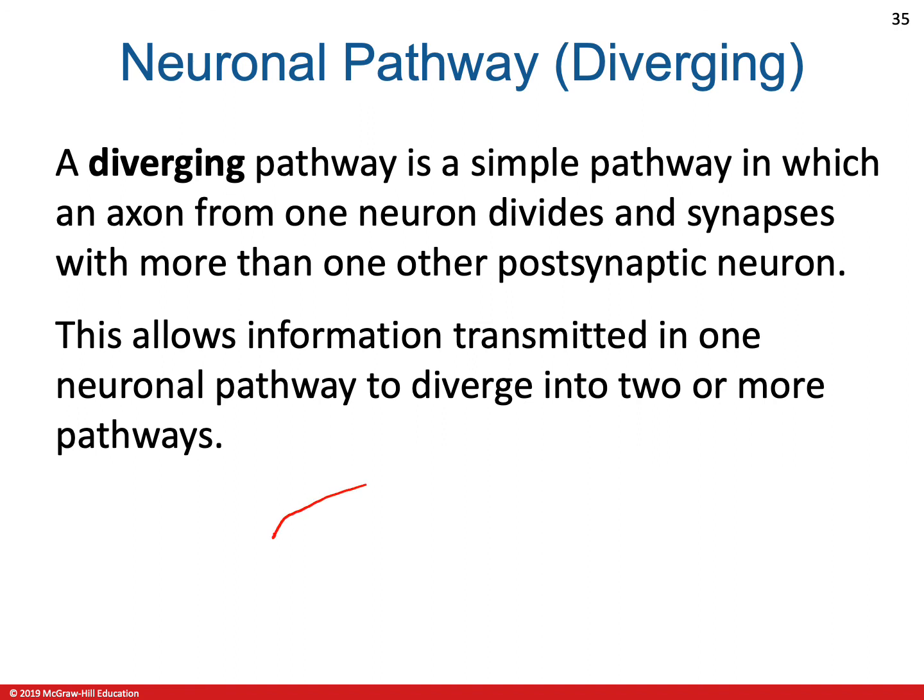If it has more axon branches, it can synapse to one or more postsynaptic neurons. So from one, it can synapse into two. We call that your diverging. Okay? So this allows information transmitted in one neuronal pathway to diverge into two or more pathways.